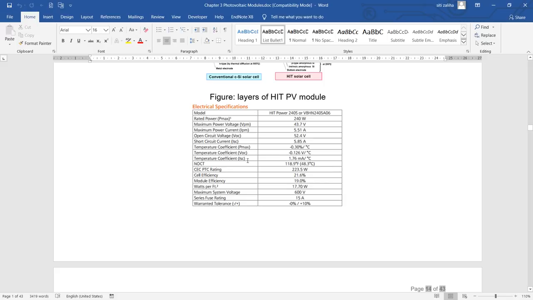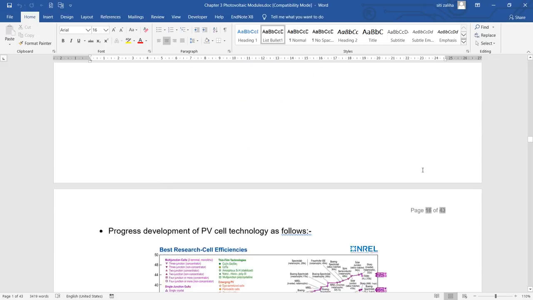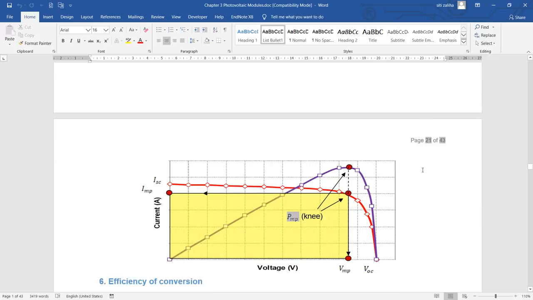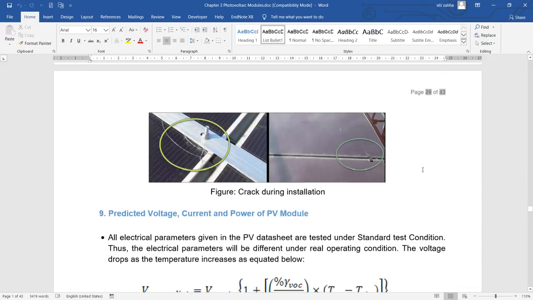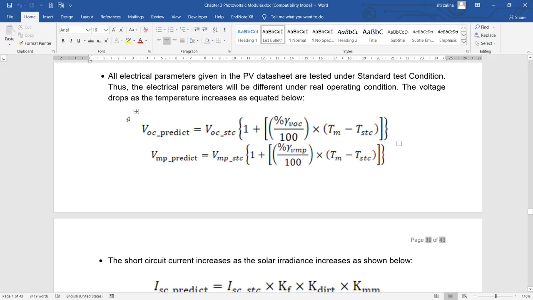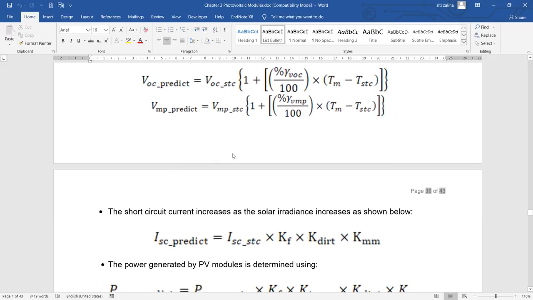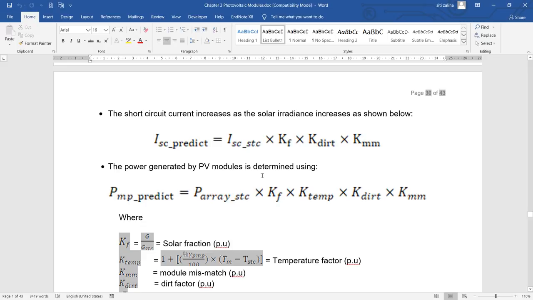For the temperature coefficient of short circuit current, to get the value in percentage, you divide 1.76 milliampere with the short circuit current, which is 5.85 ampere, and multiply with 100. Then you can use this equation to get the VOC predict, ISC predict, and also PMP predict.